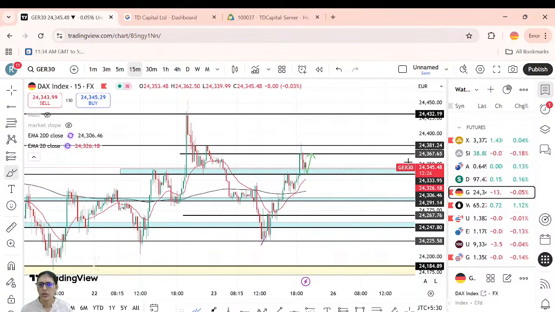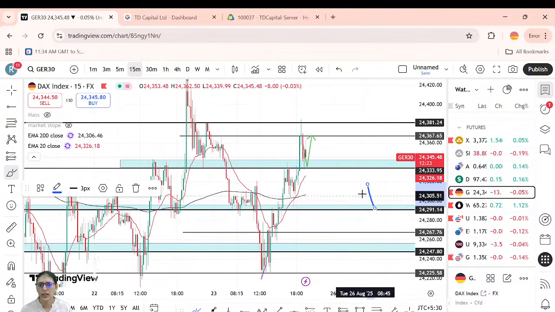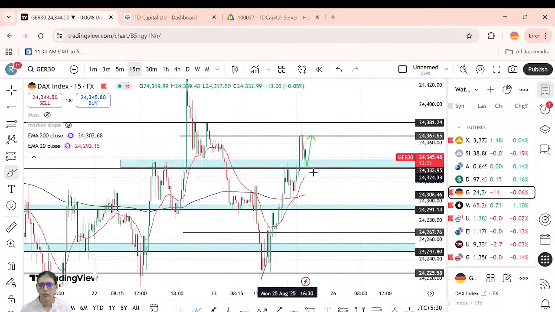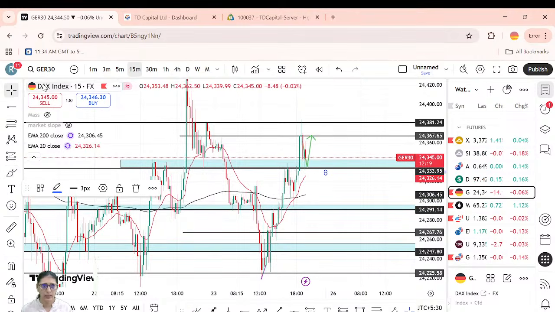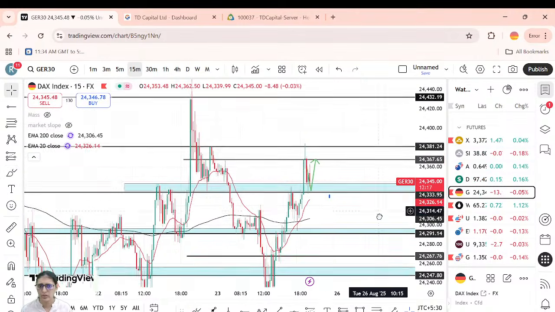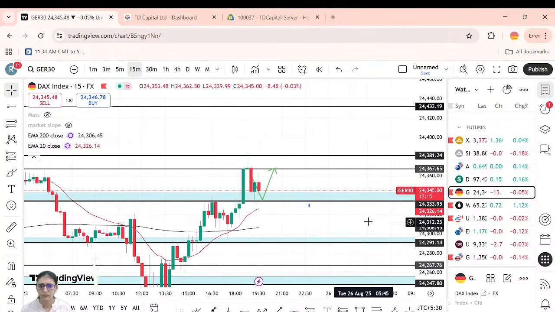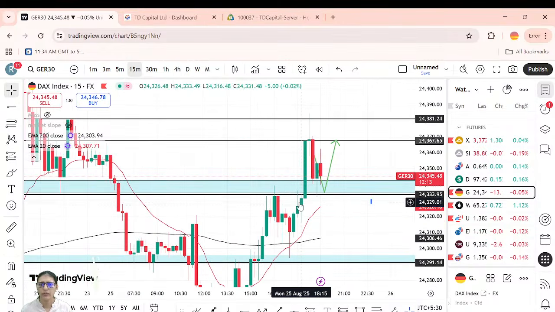All right, what is happening in German 30? German 30, guys, we're getting an entry. One second, we discussed this trade in our academy. Initially this was the setup which was hit, and then we were waiting for it to give us an entry here.